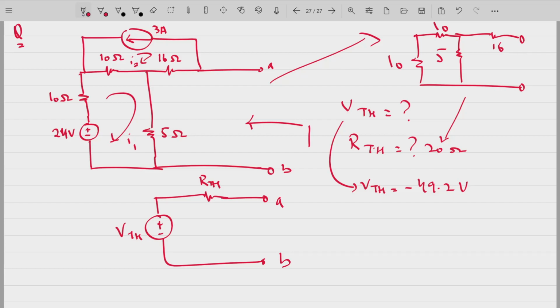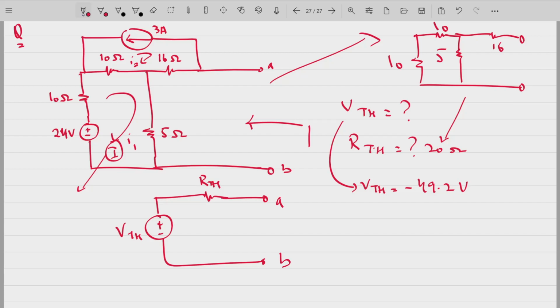You have one mesh, I1, you have another mesh, I2. यहाँ से तो कोई करंट फ्लो नहीं हो रही है, ठीक है. From the above mesh we can say directly I2 is equal to minus 3 amperes, and in this mesh by applying KVL you will get 24 is equal to 10 I1 plus 10 (I1 minus I2) plus 5 I1. Fine.